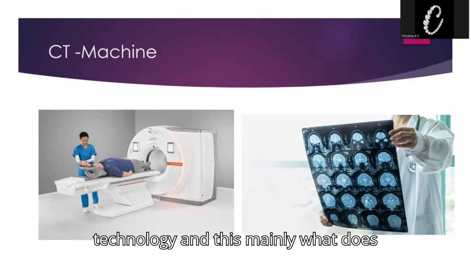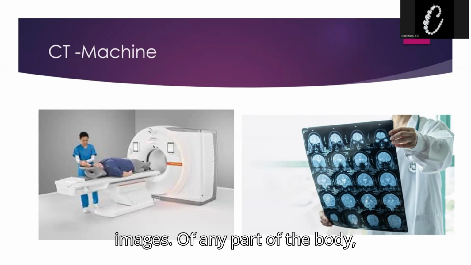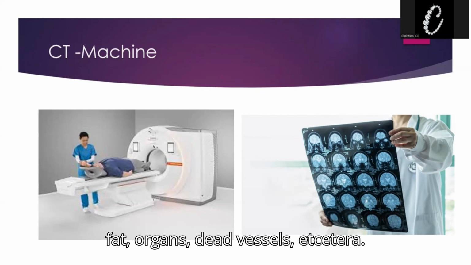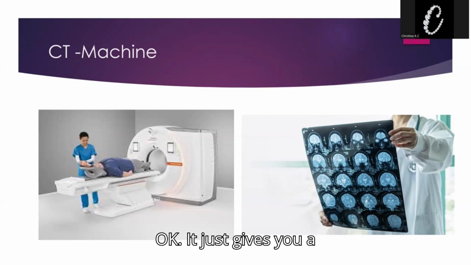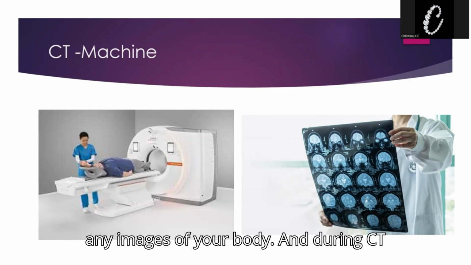It will show you detailed images of any part of the body, be it bones, muscles, fat, organs, blood vessels, etc. It gives you a detailed study of images of your body.